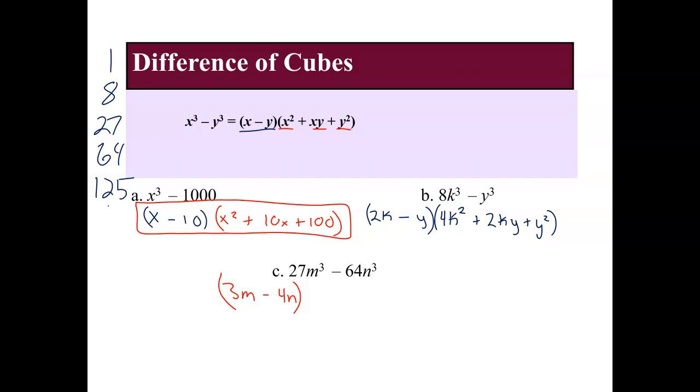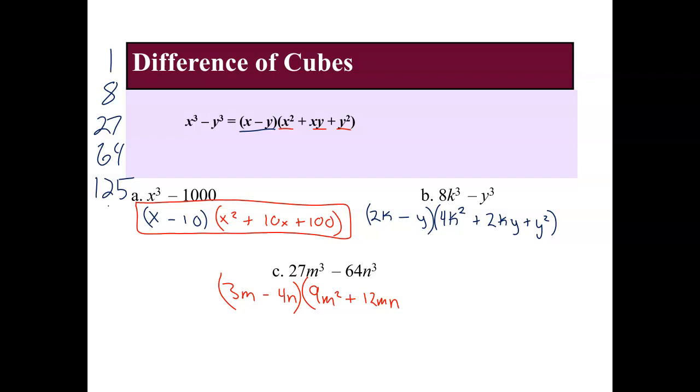Next term? 9m squared, because we're going to square the first term. Plus or minus? Okay? Next term? 12mn. Multiply the two. And the last one?